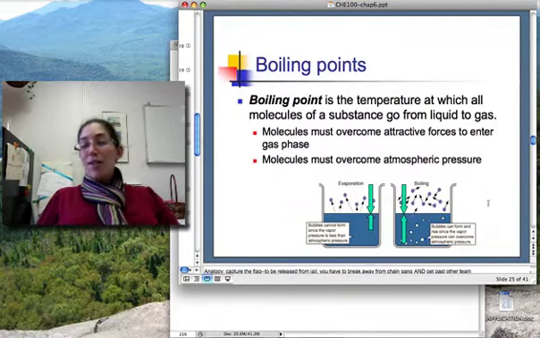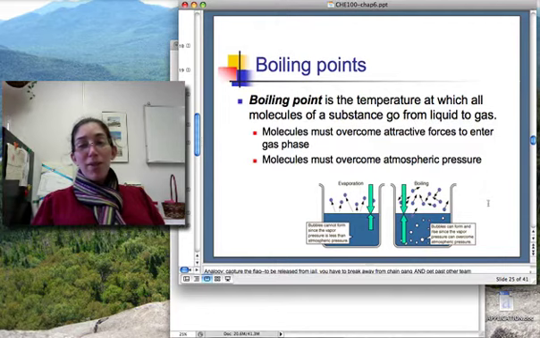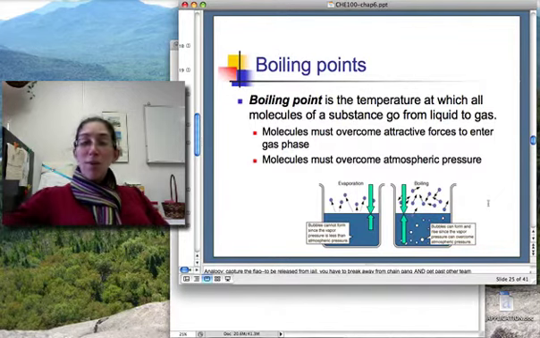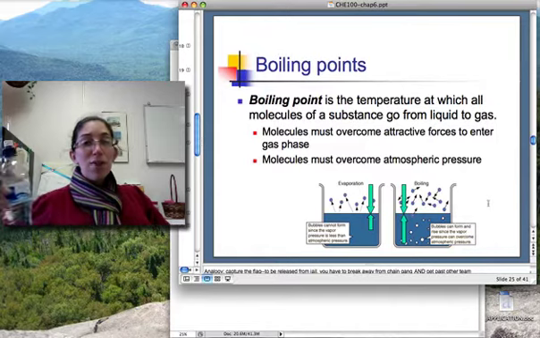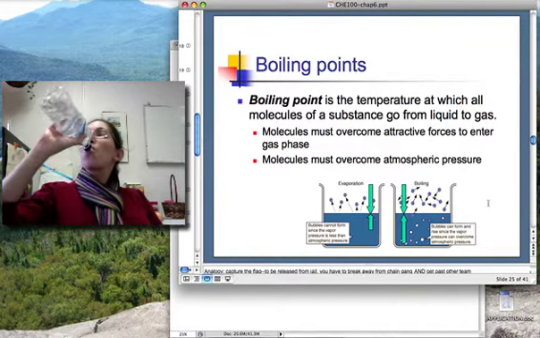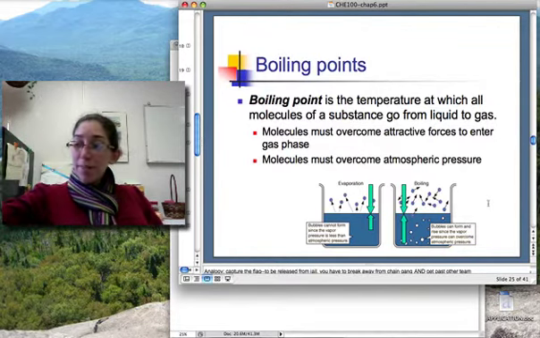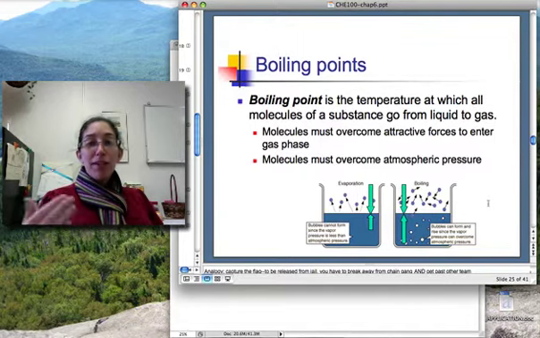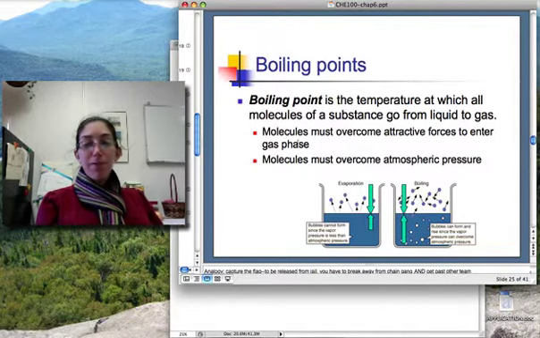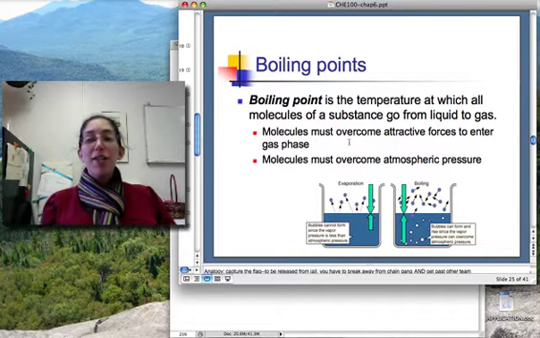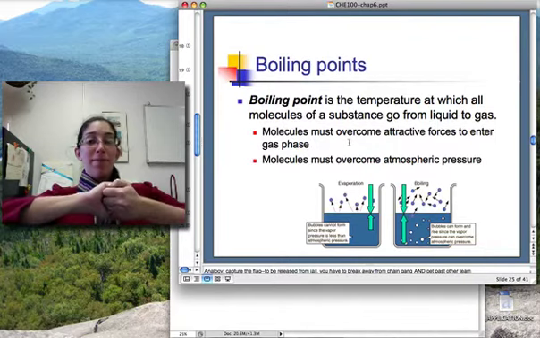So what is the boiling point of something? The boiling point is the temperature at which molecules in a substance go from a liquid to a gas, okay? And in order for molecules to do this, two things sort of have to happen. One, there has to be enough energy in the system for the molecules to overcome the attractive forces between them, okay?